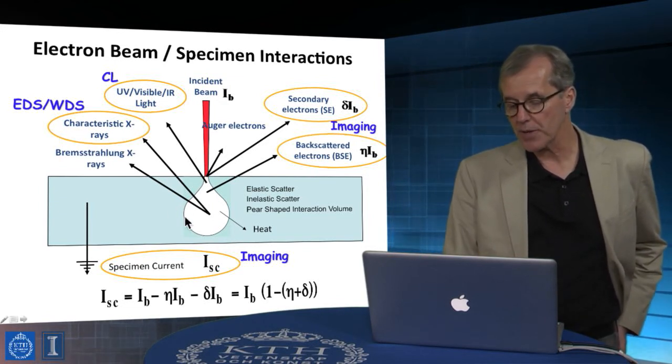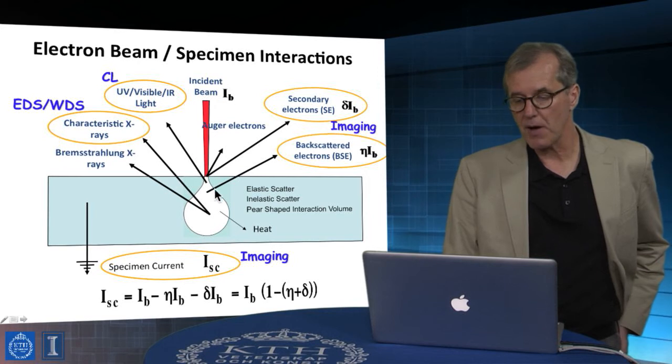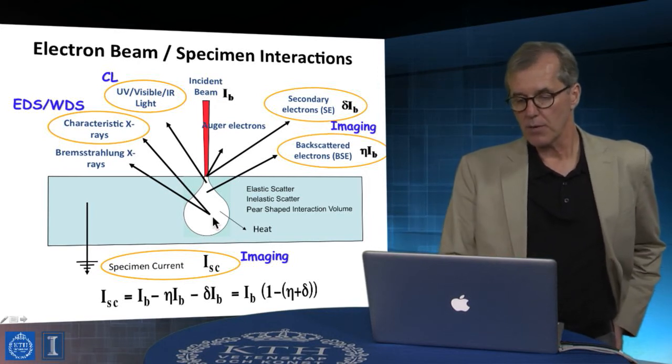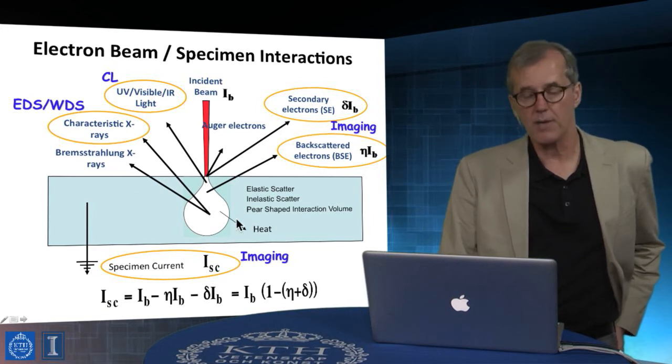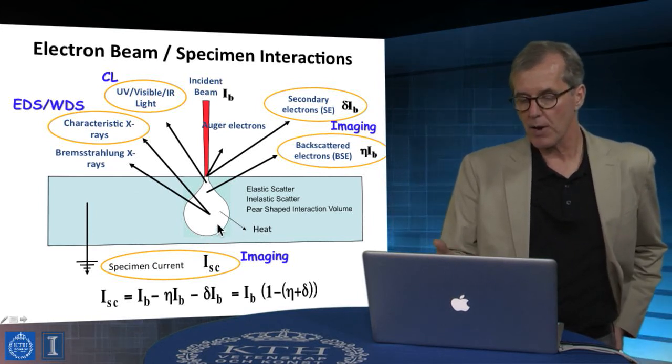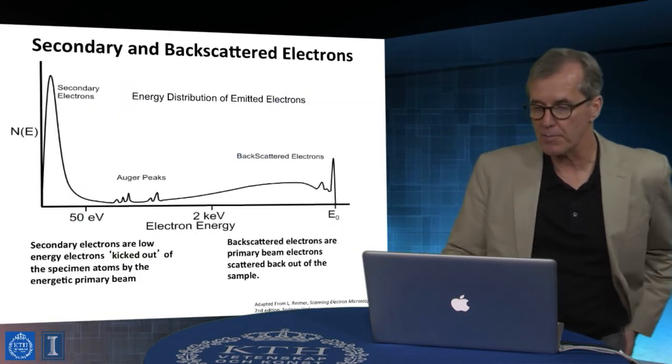And finally, I should note that there's a lot of energy in, and that energy dissipates into a large sample volume element, and we'll see exactly how that happens. But part of it is that there's also a heat flux that comes from this, which is perhaps the least useful part of the measurement.